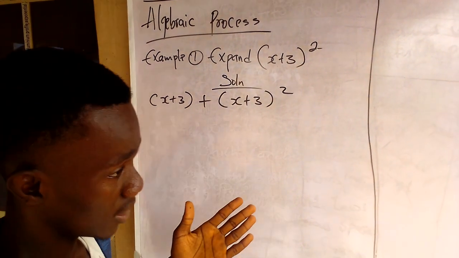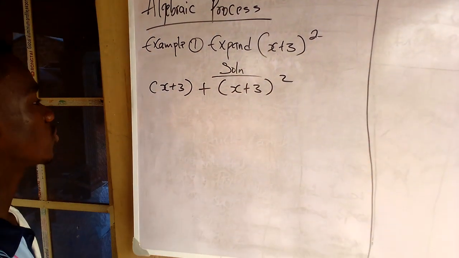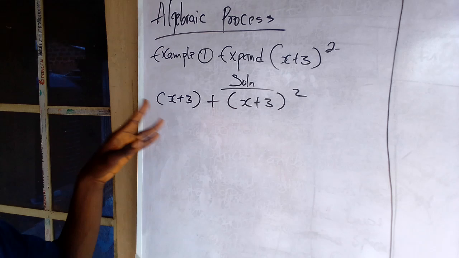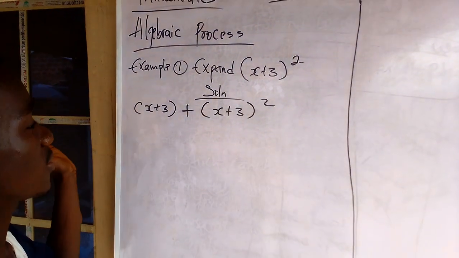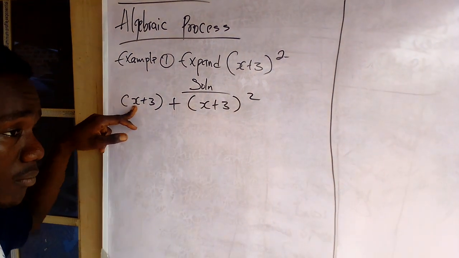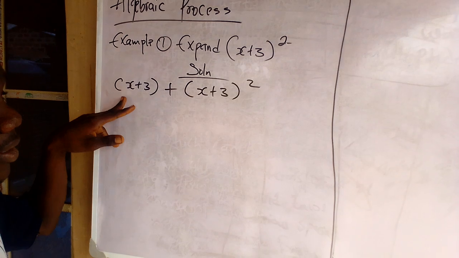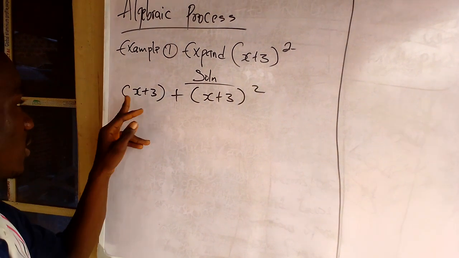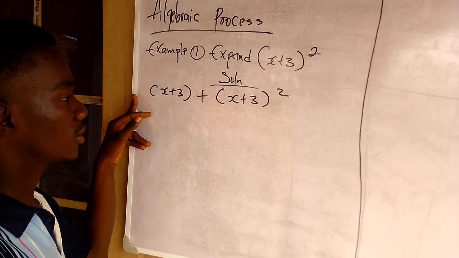The next step, step 2: in the first bracket on the left-hand side, the first term must be written outside the bracket. Are you getting it now? Like x comes out of the bracket.